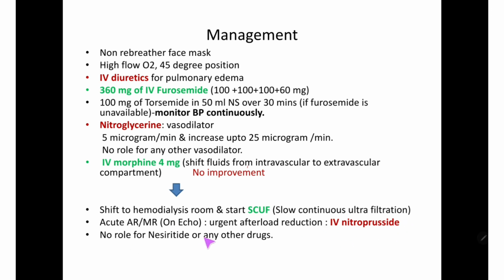There is no role for any other drugs, like nesiritide, which is used in AR or MR. In order to reduce afterload, we use IV nitroprusside. So that is the management for a patient with acute decompensated heart failure with acute pulmonary edema. Basically the main thing is IV diuretics 360 milligrams, then we can go for the vasodilator nitroglycerin.